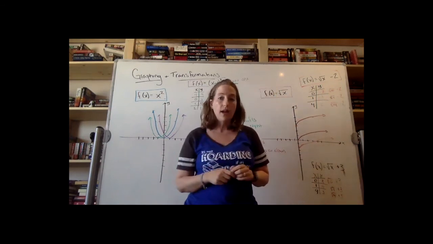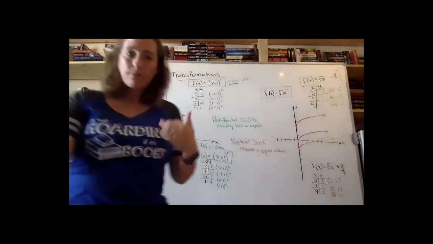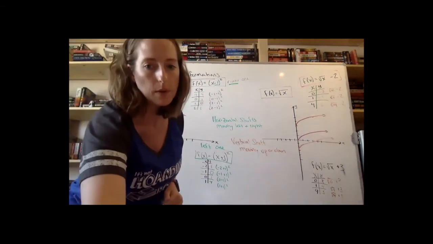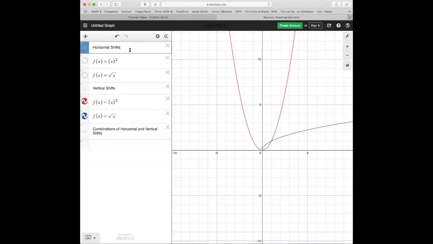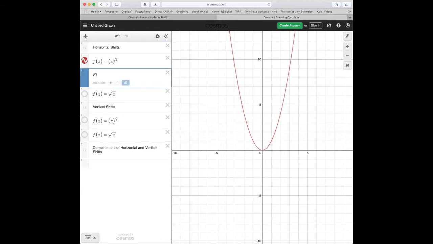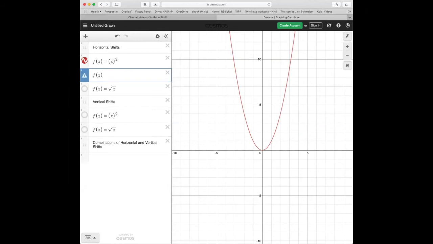Okay. All right, we got a lot going on the board here. So let's take a look at this on Desmos. All right, so let's look at what we did. Okay, so we started by looking at horizontal shifts with our x squared function. So there's our x squared function, and we graphed f of x equals, first we did x minus 1 squared.